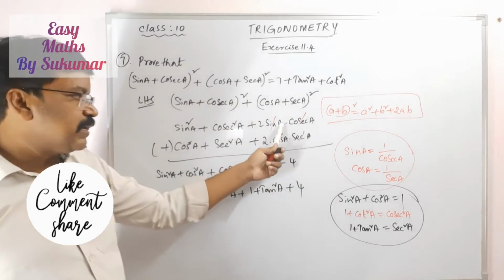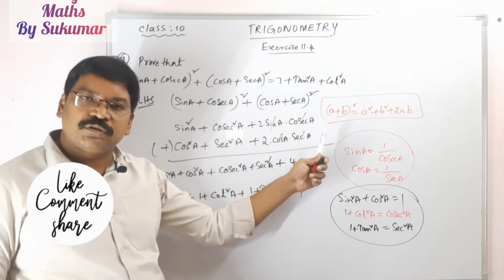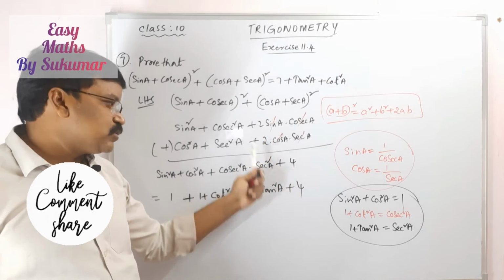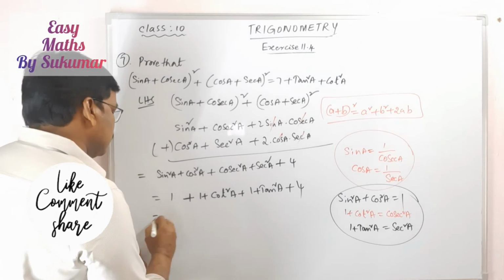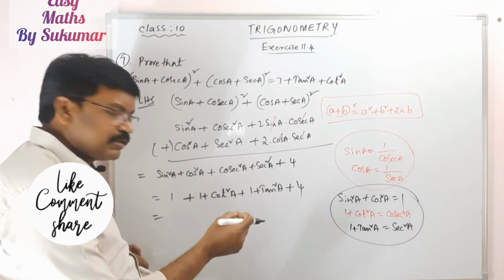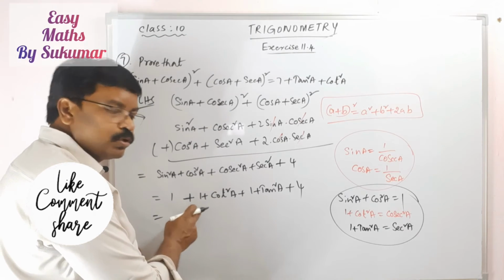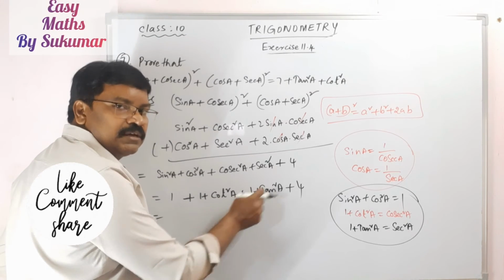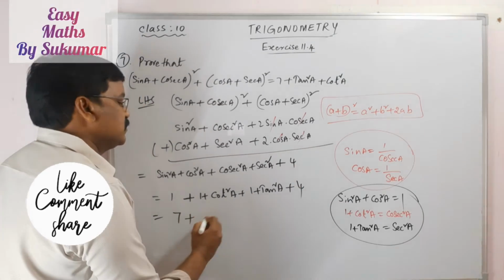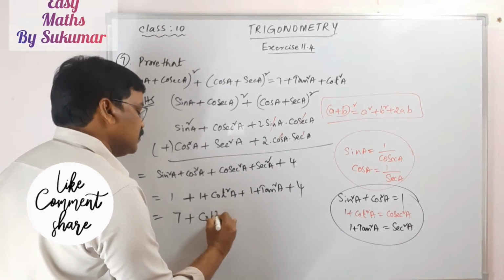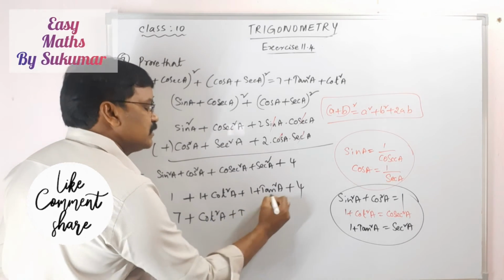Why? Here sin A, cosecant A, cos A, secant A both get cancelled. Plus 2 means plus 4, right? So it is equal to, my dear students, now have a look here please. 1 plus 1 is 2, 2 plus 1 is 3, 3 plus 4 is 7. So 7 plus cot square A plus, what is here?